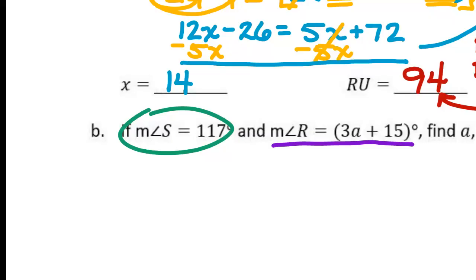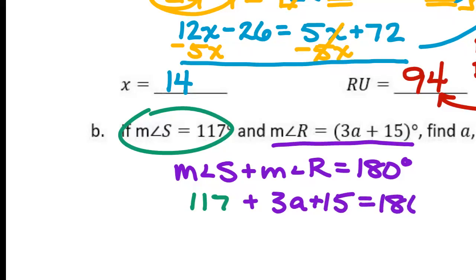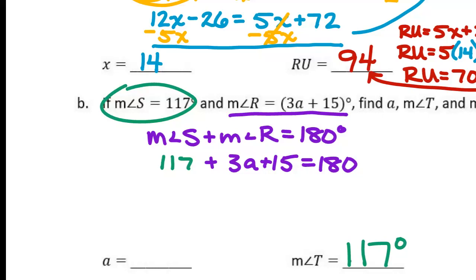Well, what do I know about non-base angles? They're supplementary. The measure of angle S plus the measure of angle R equals 180 degrees. So I have 117 plus 3A plus 15 equals 180. We're going to combine our two like terms together.